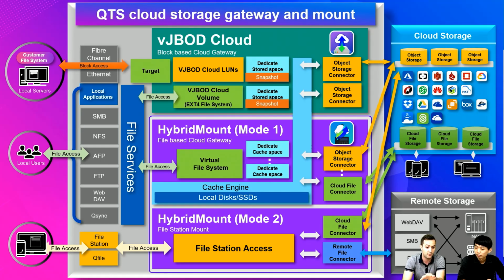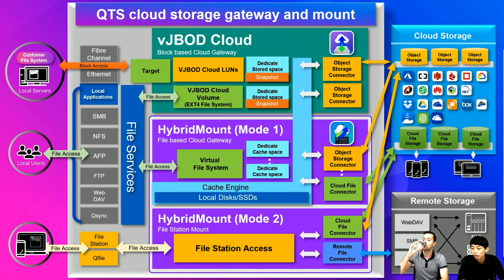Focusing on HybridMount, the file-based cloud gateway, we have the file access part, where the file services are accessed from local protocols: Samba, NFS, AFP, FTP, WebDAV, even QSync, which is the QTS solution that we have for fast access. And it also has both two-way and one-way solutions for HybridMount. You want to explain more details about this one? Yes, so you can see that we have VJBOD Cloud as a block-based cloud gateway and HybridMount as a file-based cloud gateway.